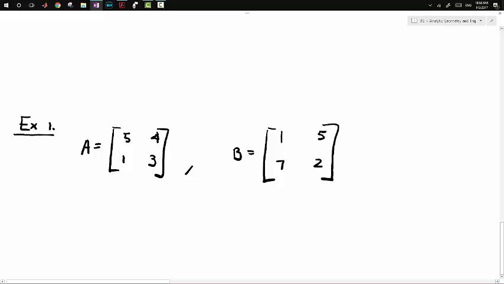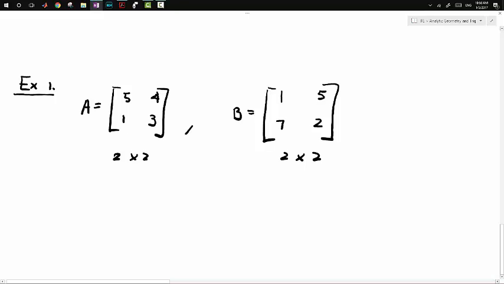If you have matrices of the same dimensions, so this is a 2 by 2, and this is also a 2 by 2, you can add matrix A and matrix B element by element, meaning each term here, these are all considered elements. If you add them element by element, you would only add up the terms corresponding to its position.